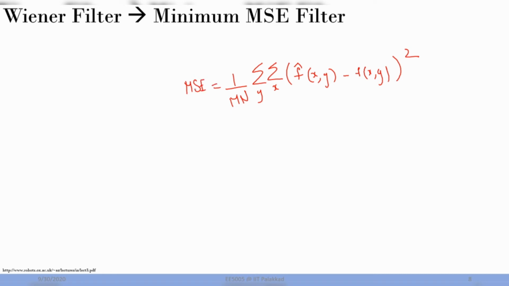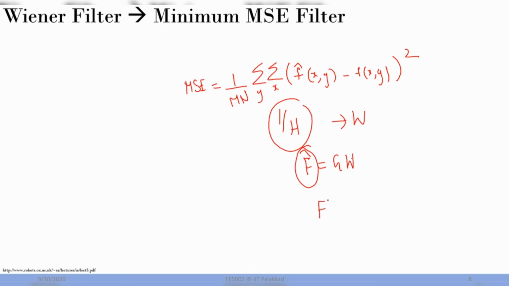So instead of 1 by H, I'm going to use a new filter which is W, okay. Let me make it very clear. G is your observed signal, so you're going to multiply that with W, everything in the Fourier domain, of course, in this case. So f hat is what you get, and this f hat will have a minimum square error with respect to f.